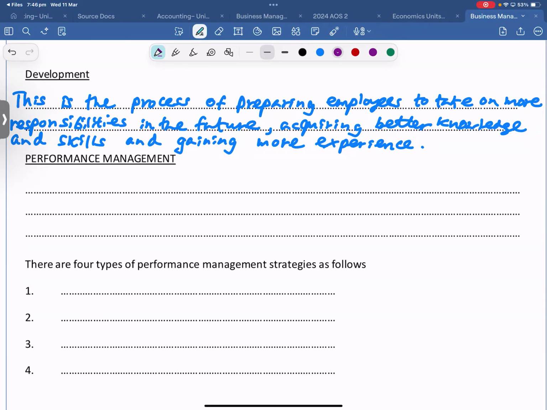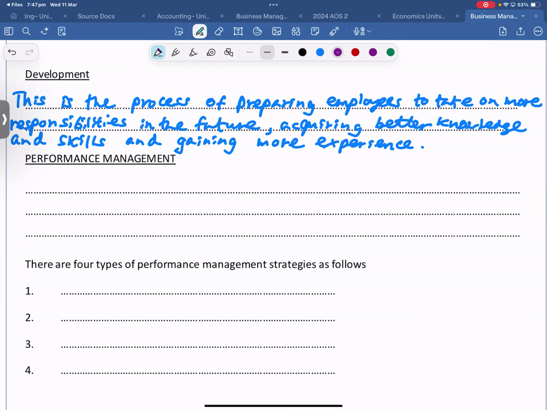Okay, then we are coming to performance management, our main topic today. So, what is performance management? Performance management is we are trying to improve the business performance overall in the organization while improving the individual performance.